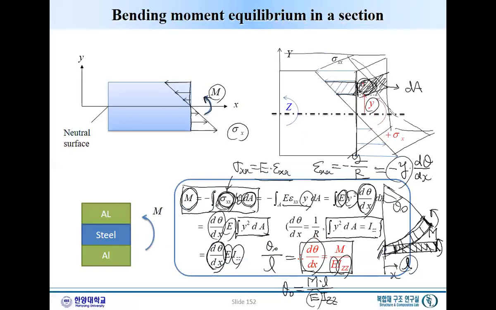See here in cross sections, we do know these relations, and strain is like that.